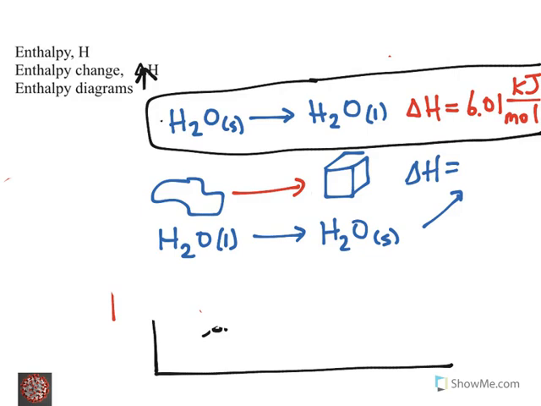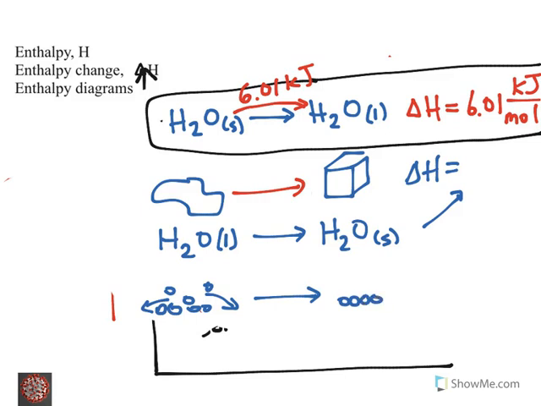Well, if you're considering the law of conservation of energy, then you know, or should know, that if it took 6.01 kilojoules per mole to go from solid to liquid, then to do the reverse, from liquid to solid, these particles are sliding past each other, moving around. In order for them to go into a fixed position, to no longer be moving, they have to have less energy. Therefore, they have to lose energy.